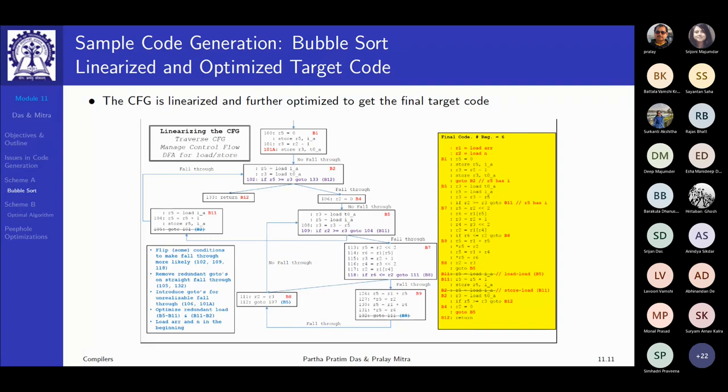So once you have got this code, then you can again do a DFA for the load store. Here, it's a simple code, you can do it by simple tracing also. For example, what does B11 have? B11 has R5, which is loaded with IA. Now, where does the control in B11 come from?